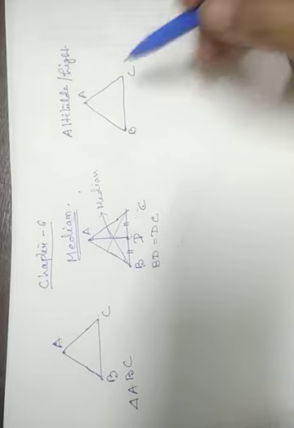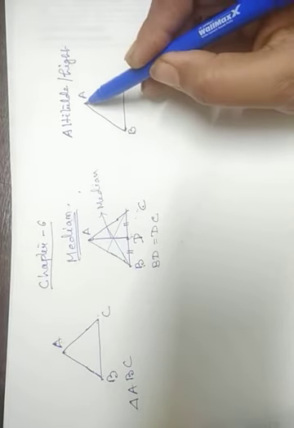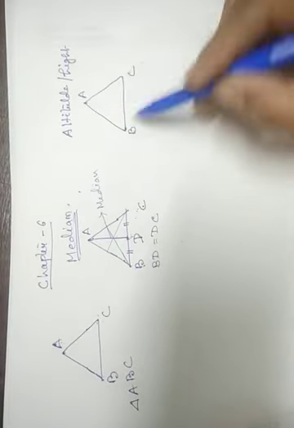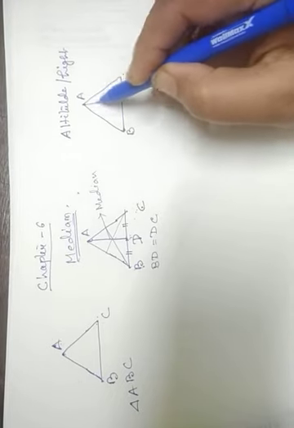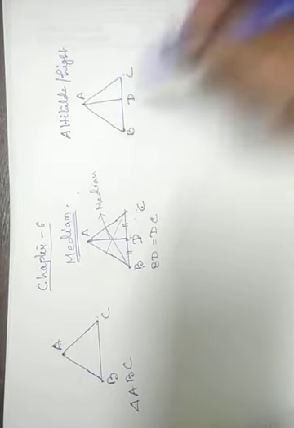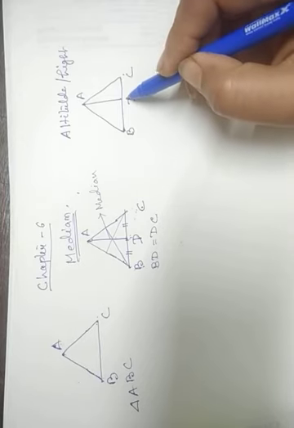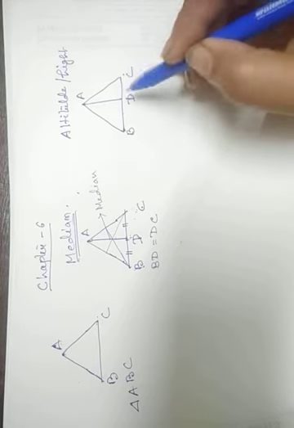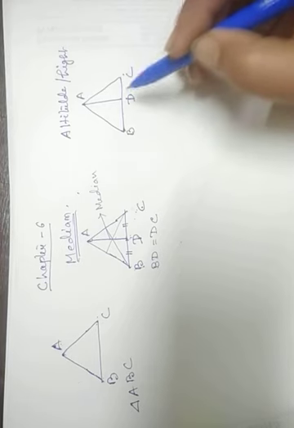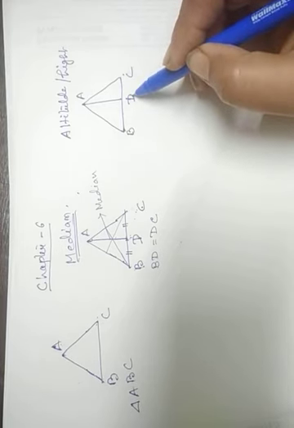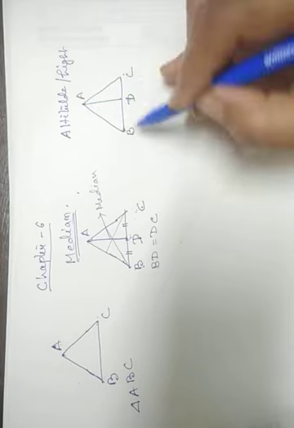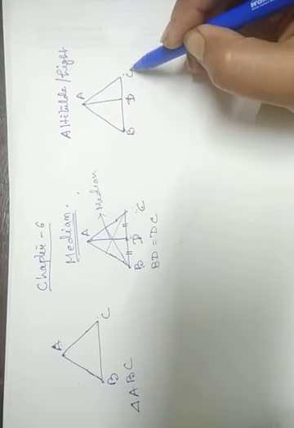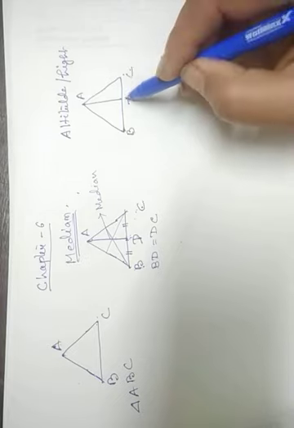Now, if you draw a line segment from one vertex to the opposite side, say AD, this D may not be the midpoint, but it is perpendicular to BC. What? It is perpendicular to BC.